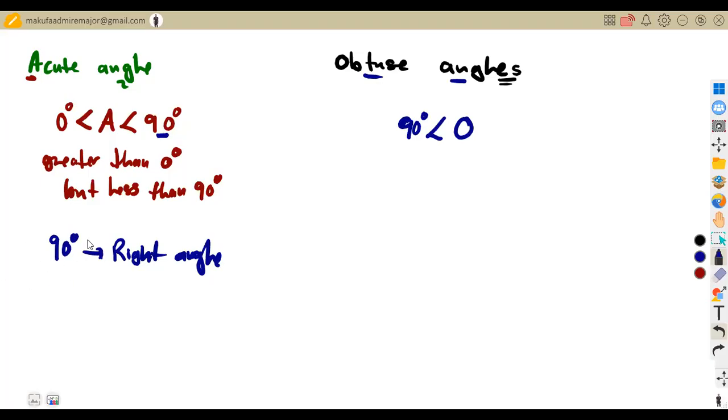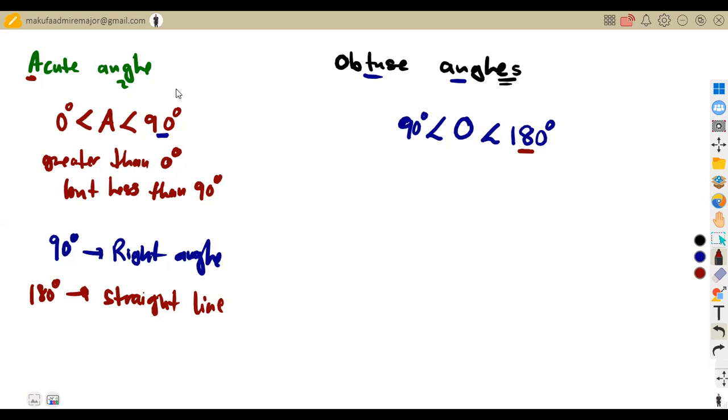Once it's equal to 90, it's a right angle. So it must be greater than 90 degrees, but less than 180 degrees. At 180 degrees, we are now referring to a straight line. That is where we obtain 180 degrees.